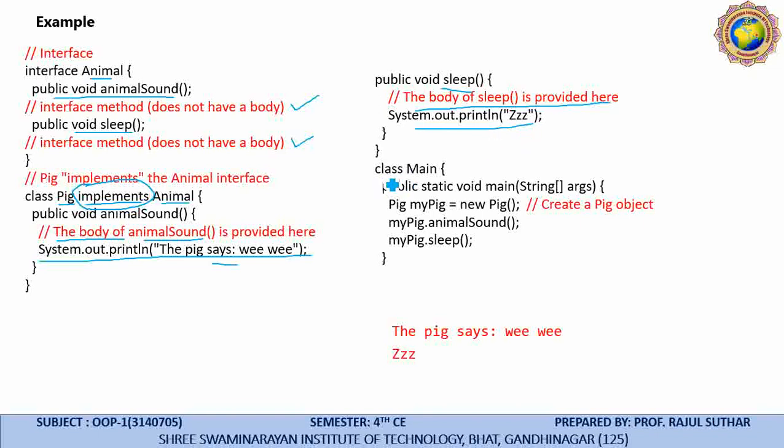Then the main class, like public static void main, String argument, as Pig myPig: one object is created for Pig. By using dot, myPig.animalSound as well as myPig.sleep. So this is the output of this program. Try this program in NetBeans or JDK.